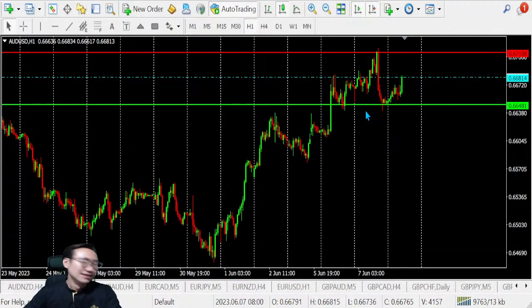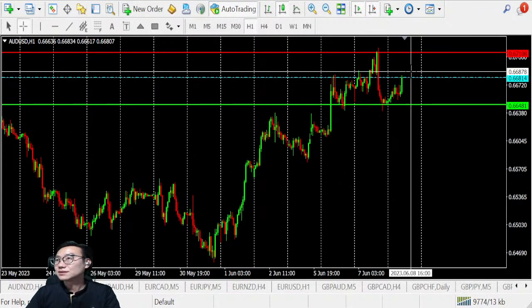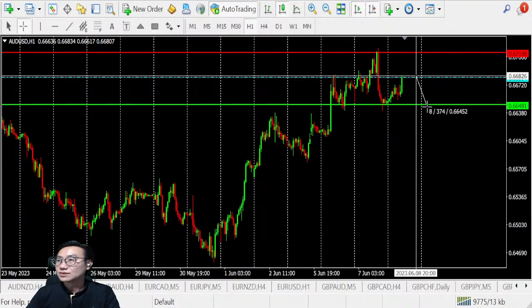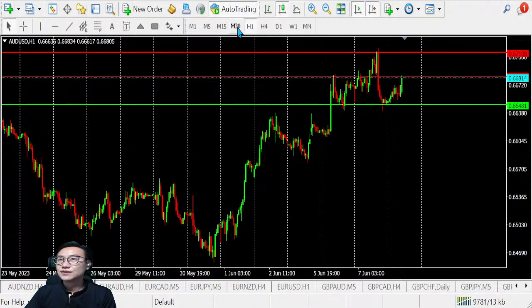So at the moment for Aussie dollar, I'm looking at this area here. It seems like Aussie dollar is telling us that it's going back for some reclamation, to balance out the market. Then after that, they will start to look out for the selling. I guess this is not very good yet.